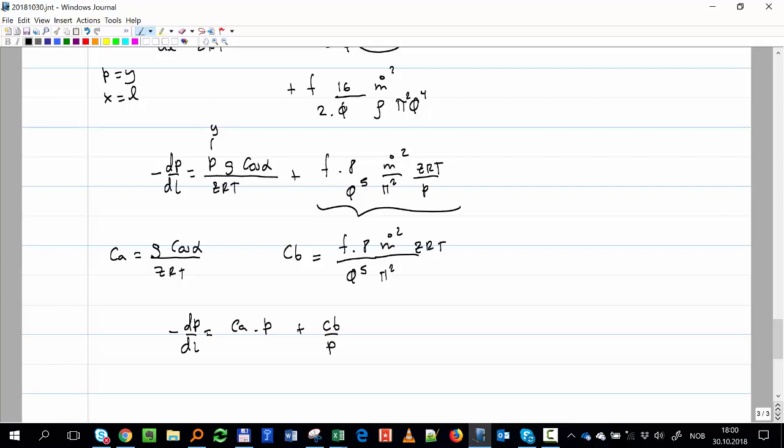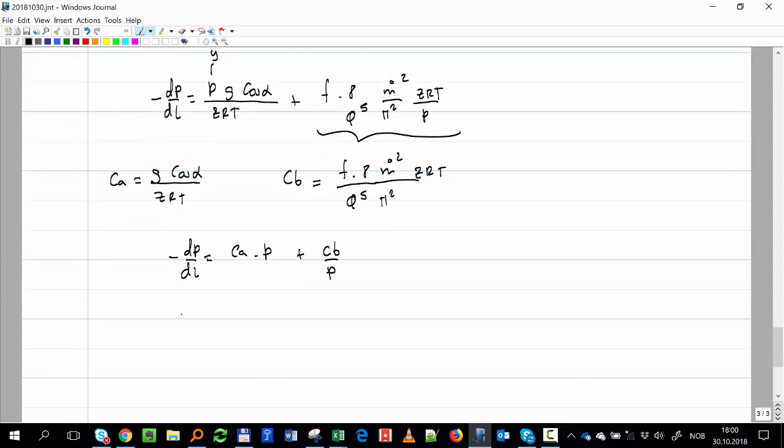Remember, how did I solve these types of equations? If you remember all the way back, maybe 10 years ago. I have to separate, to send everything that depends on pressure to one side and everything that depends on length to the other side.